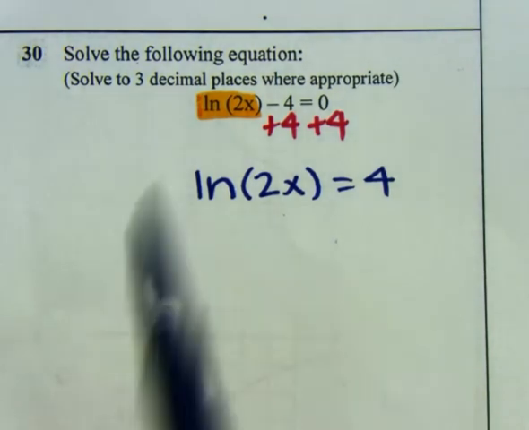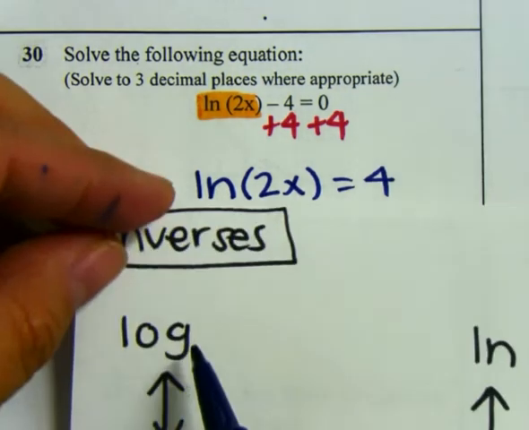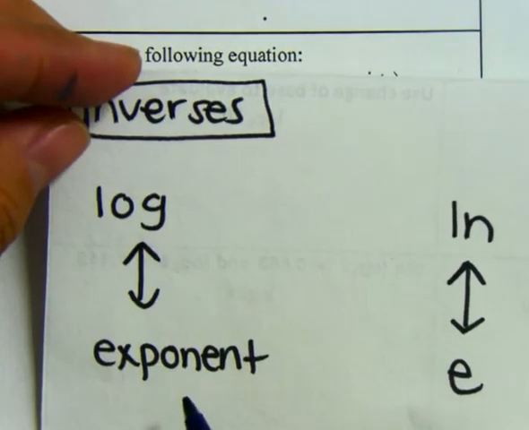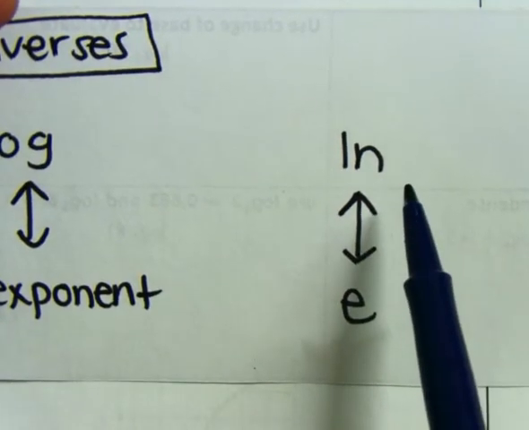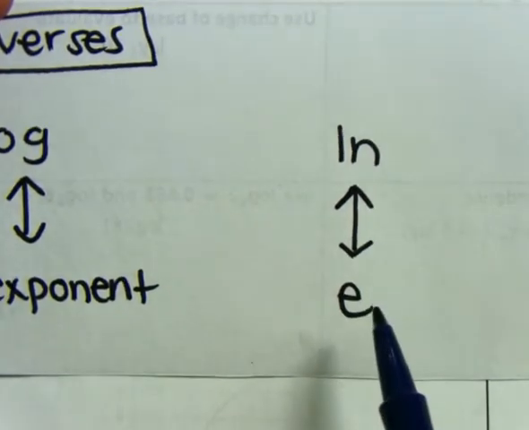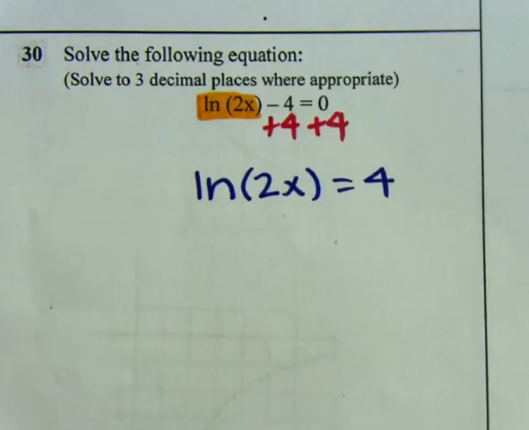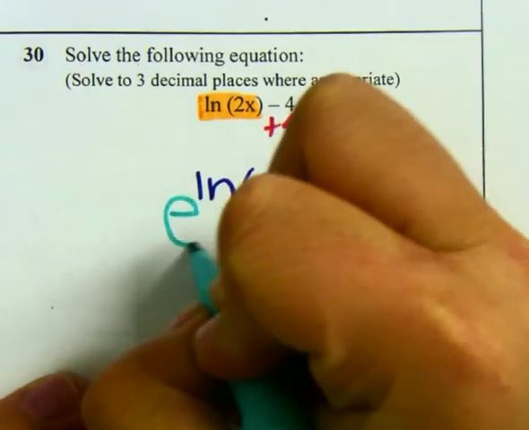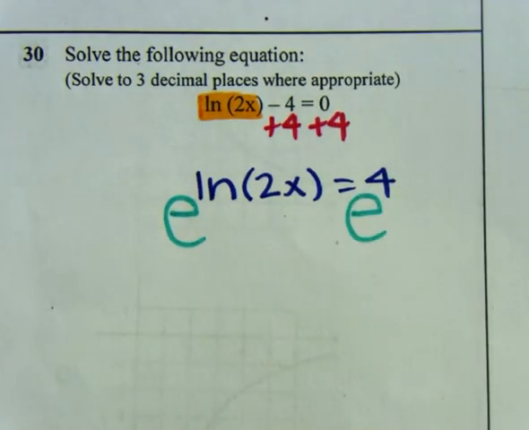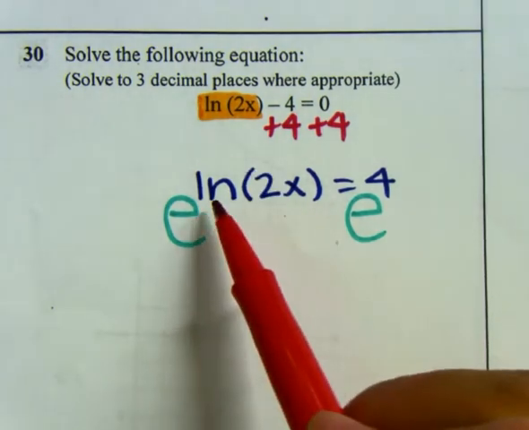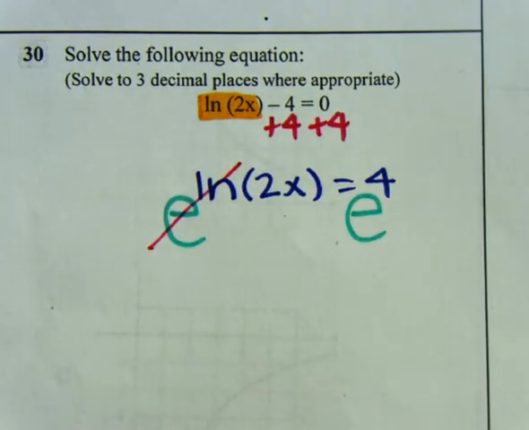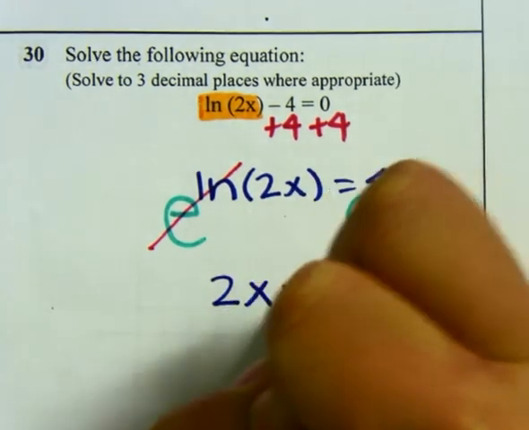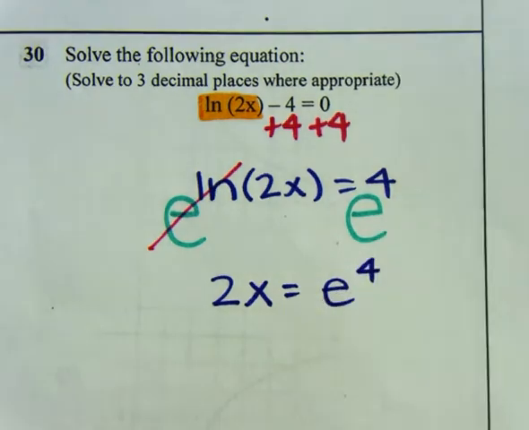You have an ln. So to undo a log, you give an exponent. In this case, we have ln. So the inverse of ln is e. So we have to give an e to both sides. Right? We can do that because the base for ln is an e, so that they cancel each other out. You're left with 2x is equal to e to the 4th.